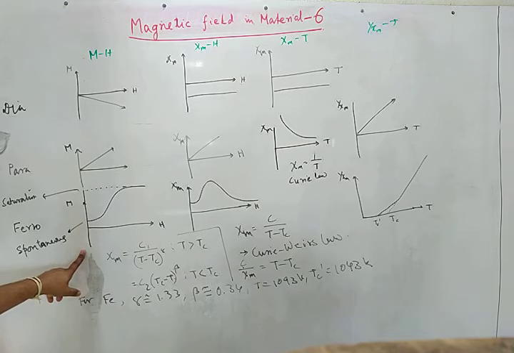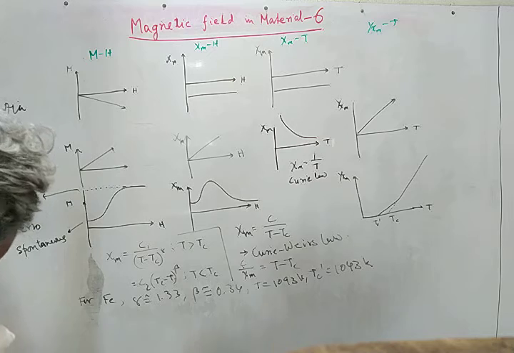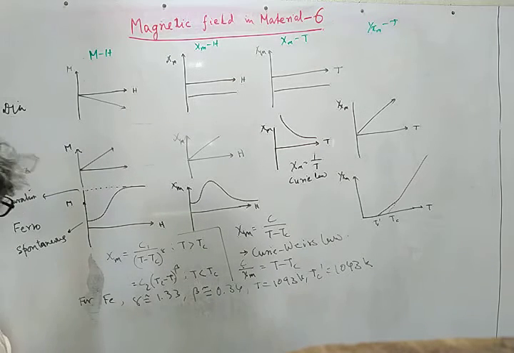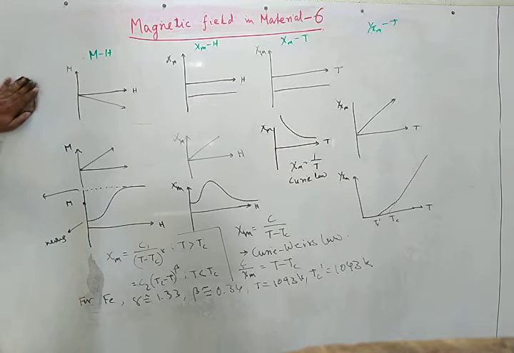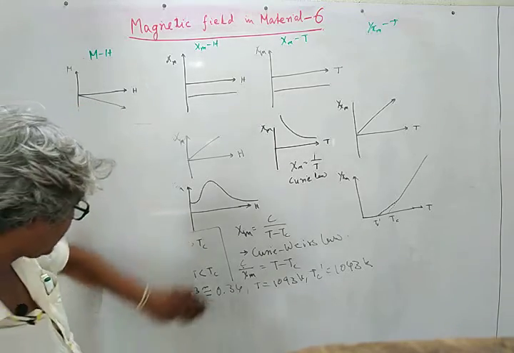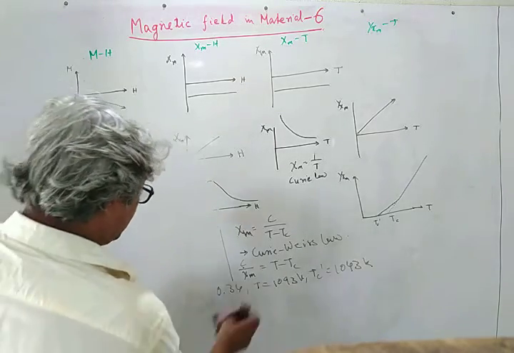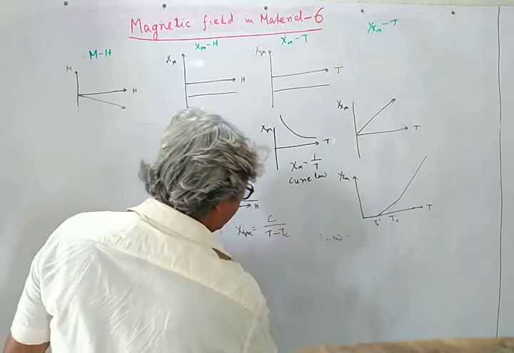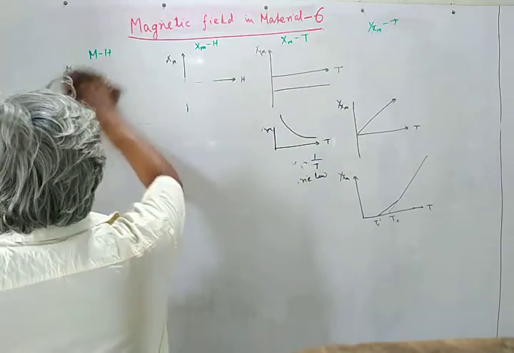Now another interesting thing about the ferromagnetic material is that its susceptibility depends on field. It has a high value of susceptibility. Furthermore, the state of magnetization depends on history. Let me explain this fact through the popular curve known as the hysteresis curve.